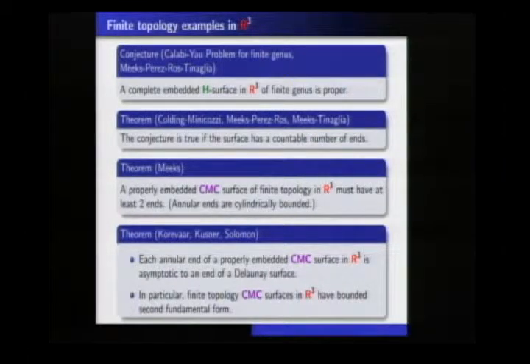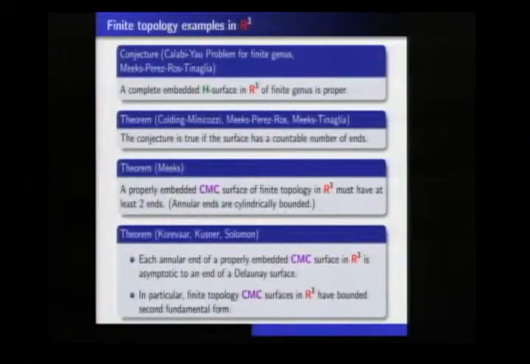And like I say, it's true for a countable number of ends. So in particular, it's true for finite topology. So a complete embedded H surface in R3 of finite topology, therefore a finite number of ends and finite genus, is always properly embedded, in which case we can apply these results.